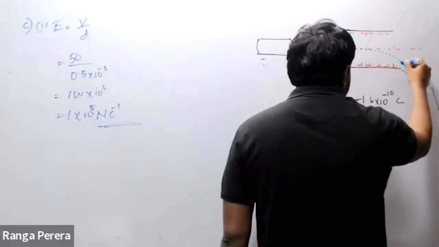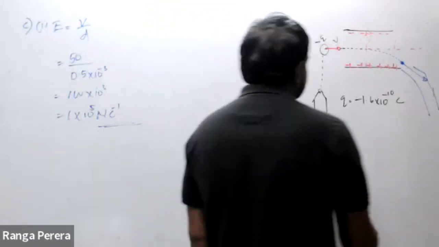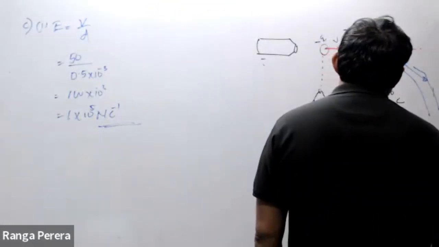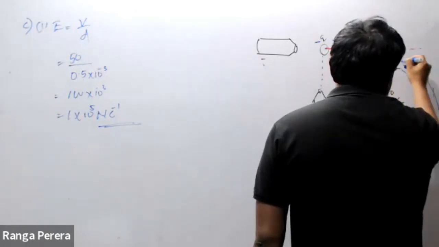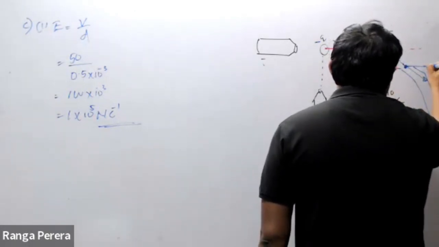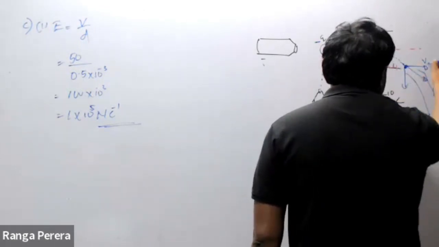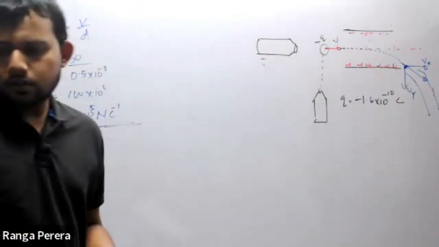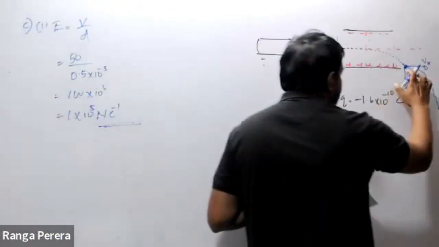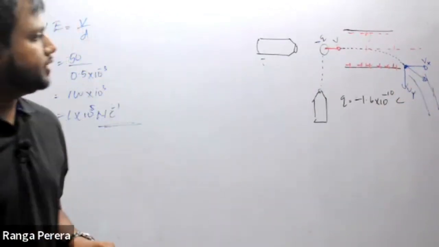So at the last point, you have two velocities. One is v, another one is vx, another one is vy.